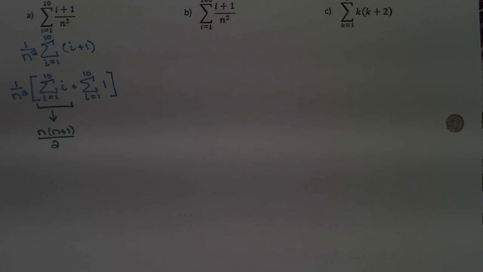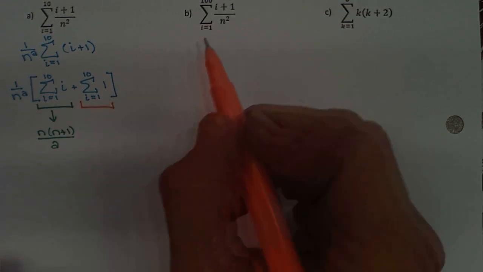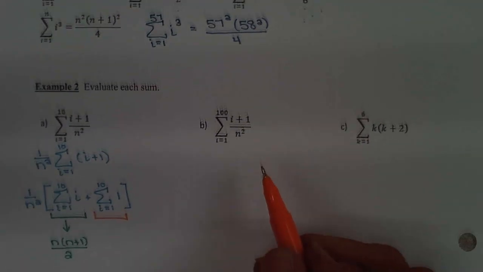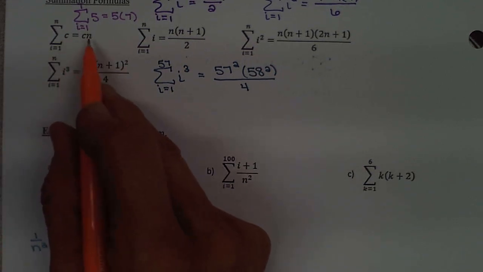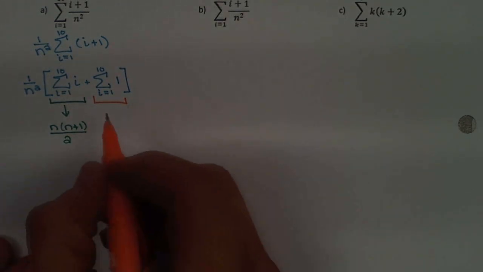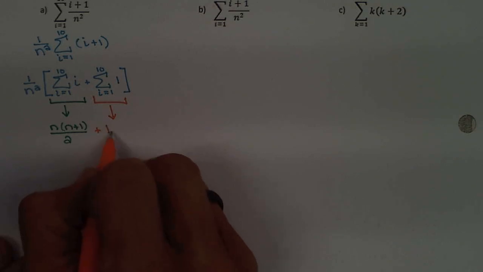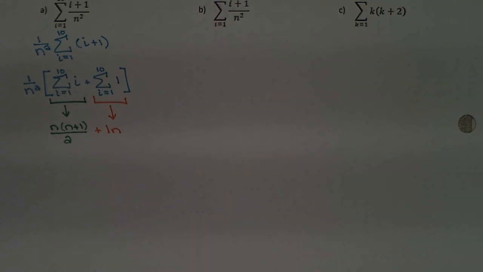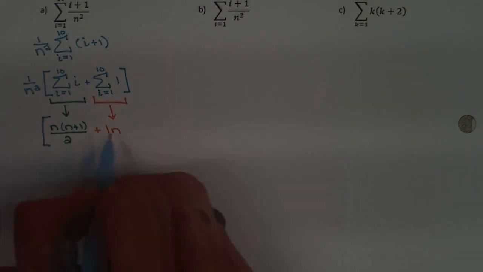This second piece here, that one's just a constant. So that one's going to follow the constant rule, which was the first one here, which says it's just a constant times n. The constant on this problem is a 1, so that's going to end up being just a 1 times n. And now with this, there is still this 1 over n squared in front.